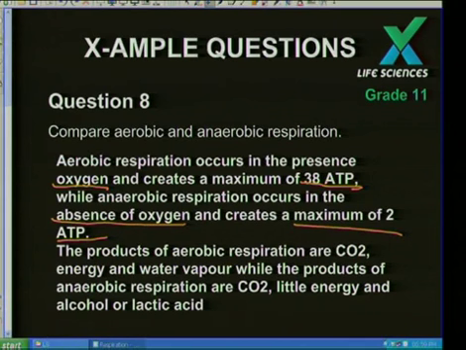The products of aerobic respiration are carbon dioxide, energy and water vapor. While the products of anaerobic respiration are carbon dioxide, little energy, and alcohol or lactic acid. In plants, alcohol. In animals, lactic acid. So you can compare it in the same way that we compared photosynthesis and respiration, but now we're doing it without a table.